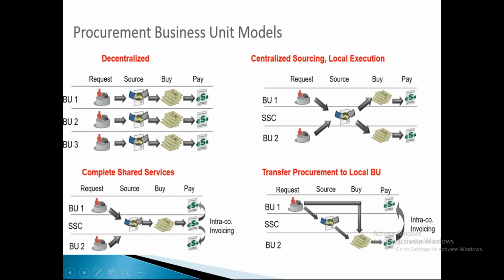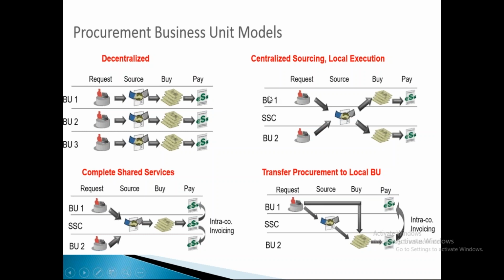So BU1 is requesting, that means creating the requisition, sourcing the item, then buying from the respective supplier and paying. Each of these activities is performed by the respective BU.